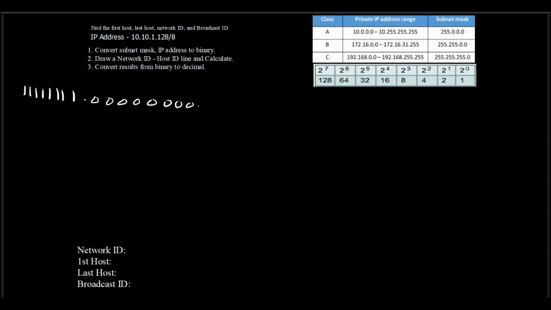Now the third octet, 1, 2, 3, 4, 5, 6, 7, 8. And the fourth octet, 1, 2, 3, 4, 5, 6, 7, 8. Now this is my subnet mask.